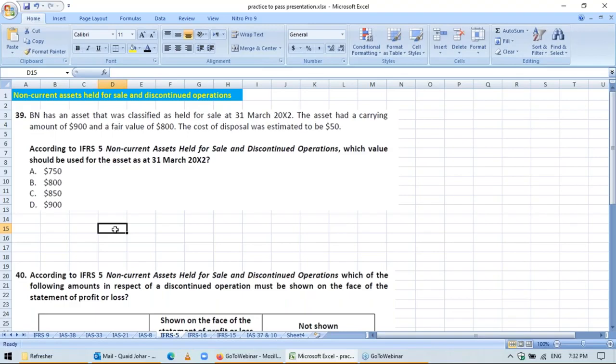What it says: BN has an asset that was classified as held for sale. So as it is classified as held for sale, we have to look at its carrying value. Its carrying value is 900,000 and its fair value is 800,000, which will appear in blue shading before you.